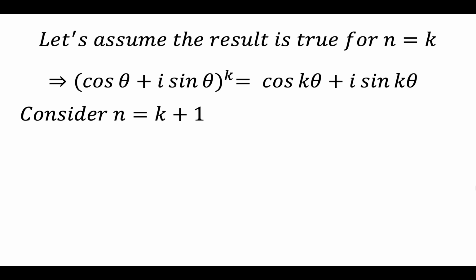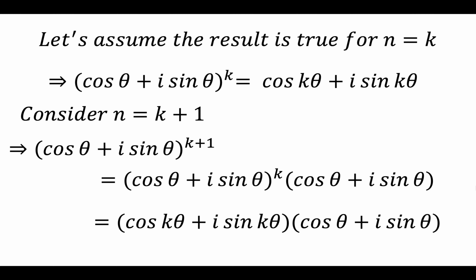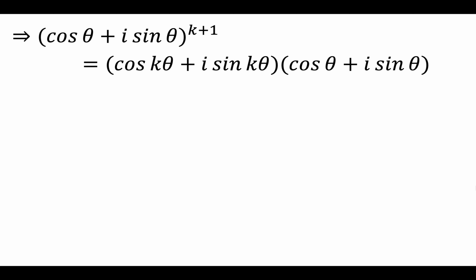Now, consider n equals k plus 1. Cos theta plus i sine theta to the k plus 1 is equal to cos theta plus i sine theta to the k multiplied by cos theta plus i sine theta. And from our assumption, we are saying this is equal to cos of k theta plus i sine of k theta multiplied by cos of theta plus i sine of theta.